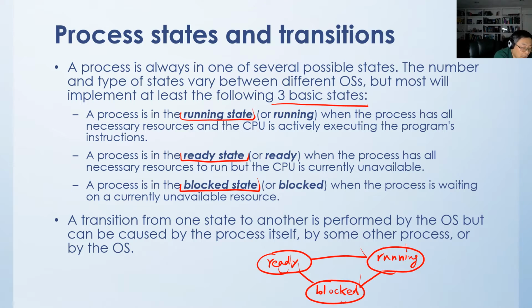For example, like I said, when the process is running, suddenly the process requests the I/O, and then the process is going to be blocked. It basically blocks itself. Or sometimes the process is going to be blocked by another process. So there are various different ways that a process is going to transfer from one state to the other.